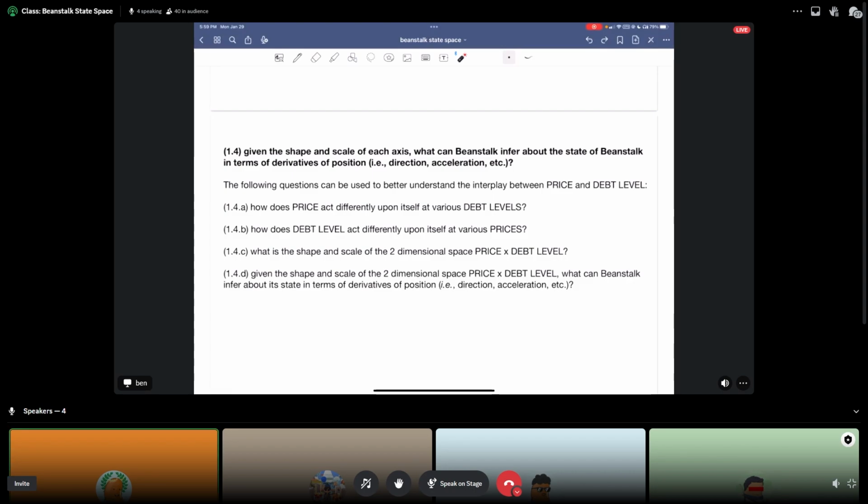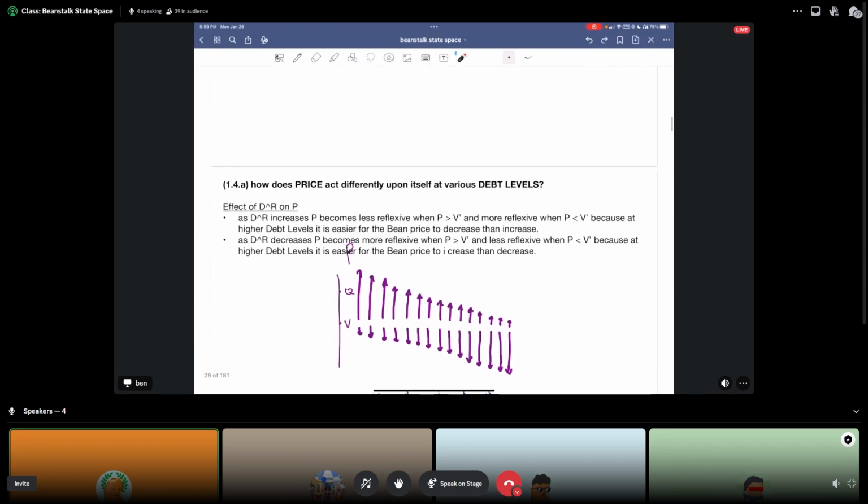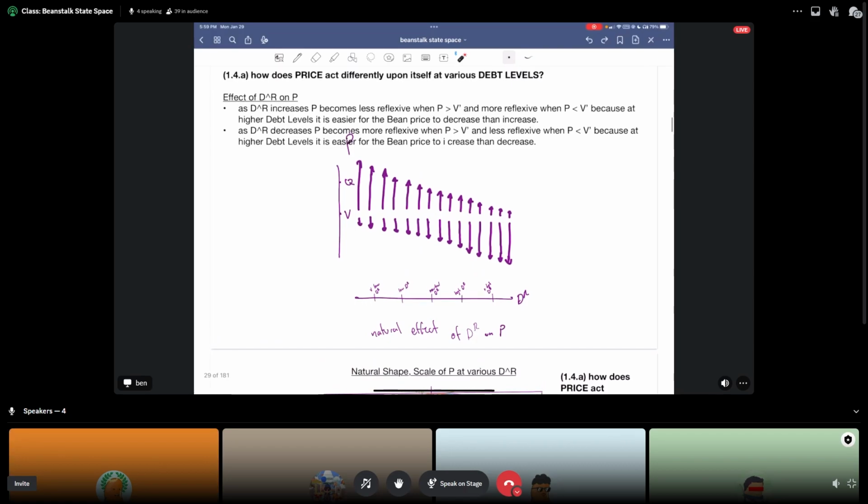And then given the shape and scale of the 2-dimensional space, price and debt level, what can we infer about Beanstalk state in terms of derivatives of position, so direction and acceleration? So can we take the exercise that we just did in 1 dimension and now stitch together the spaces into 2 dimensions?